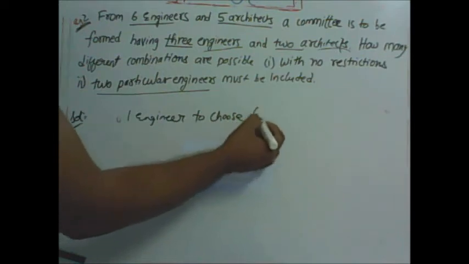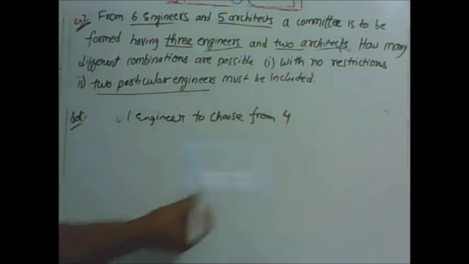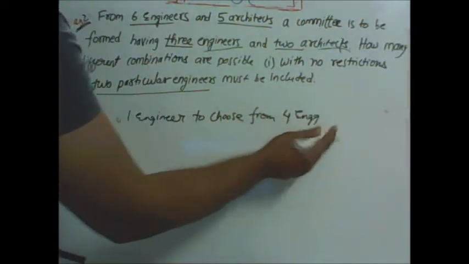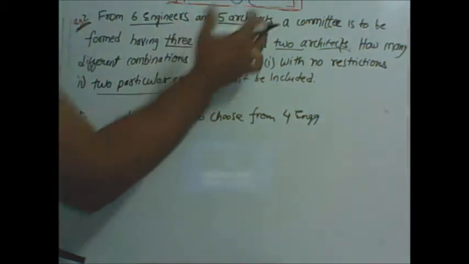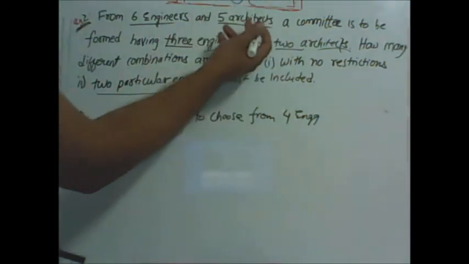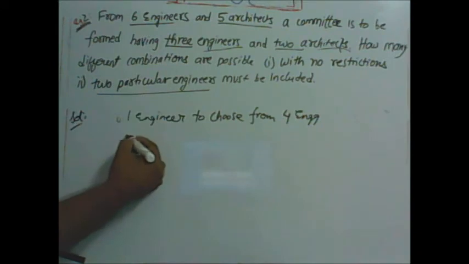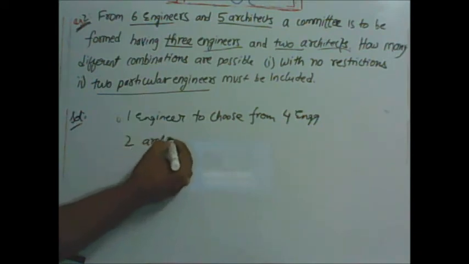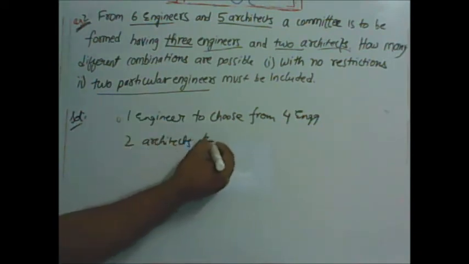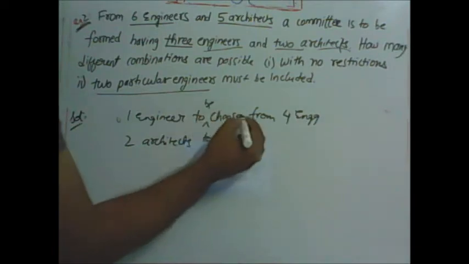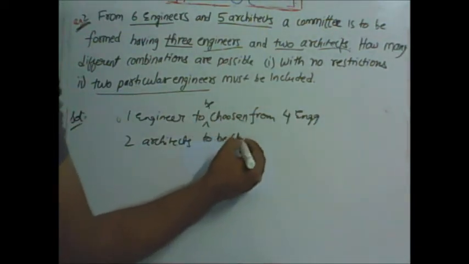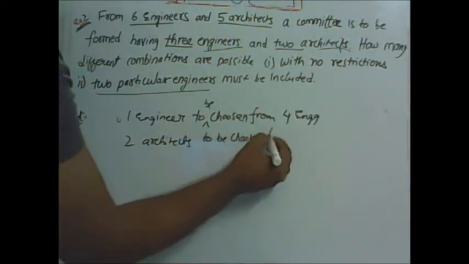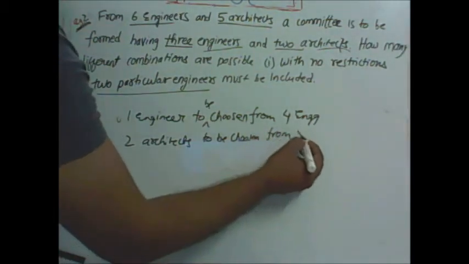Out of 6 engineers, 2 are already selected, fixed. So the remaining 4 are there. So from 4 engineers, we have to choose 1 engineer. Architects, there is no restriction. So out of 5 architects, we can choose any 2 architects. So 2 architects to be chosen.